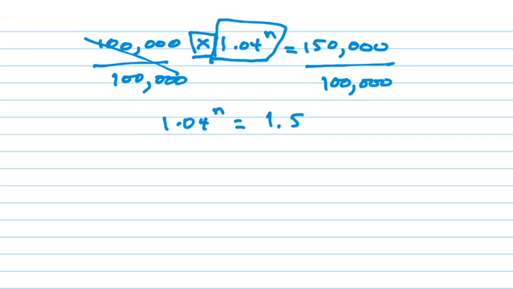And if the variable is in the exponent, that means you need to change it into a logarithm. But this is one of those simple ones where if you have just one thing on either side, all you need to do is take the logarithm of both sides. So taking the logarithm of 1.04 to the n, and taking the logarithm of 1.5.